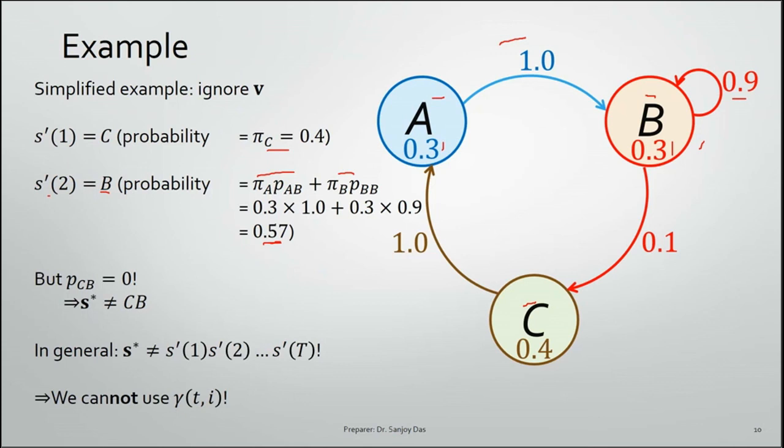And we've already seen that S prime 1 is C. But if we concatenate S prime 1 and S prime 2, do we get CB?